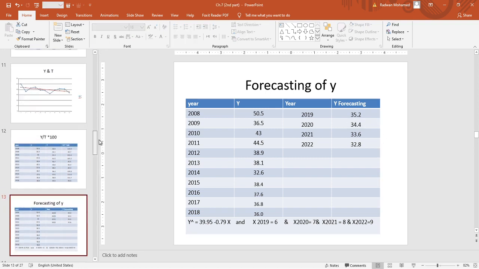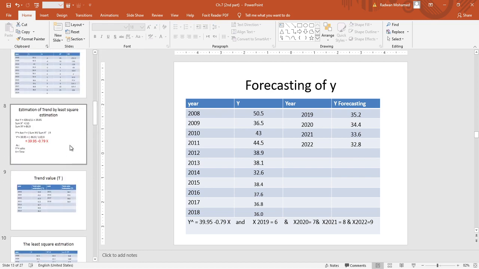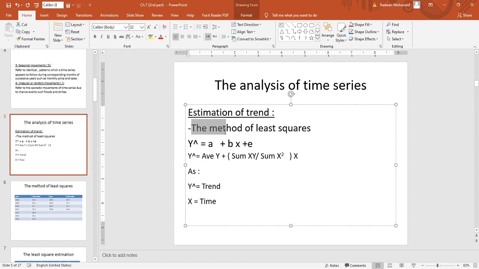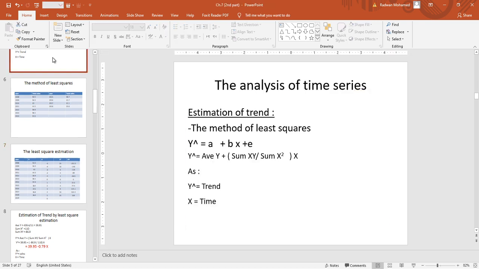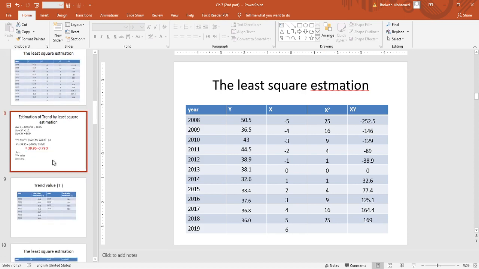So, to sum up, I wanted you to memorize these equations, especially this one, and to identify the middle year, put it as 0, and calculate the value of x. Then I made a column for every term: x squared, x multiplied by y, and so on.